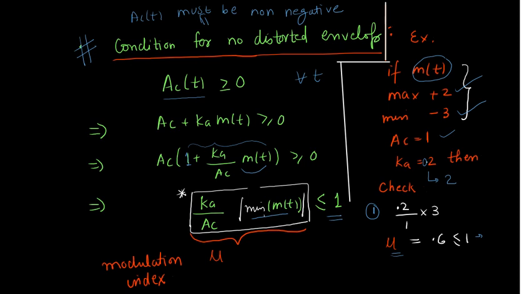But for the second case, mu is k_a by A_c, where k_a is 2, A_c is 1, and the absolute value of the min of m(t) is 3. Because now the value of the modulation index is greater than 1, we will see the distorted envelope.